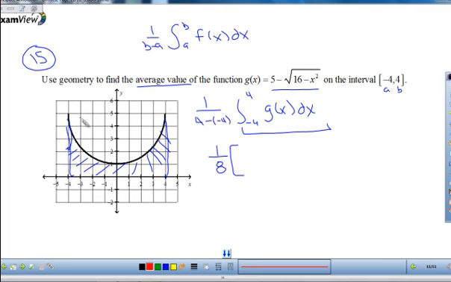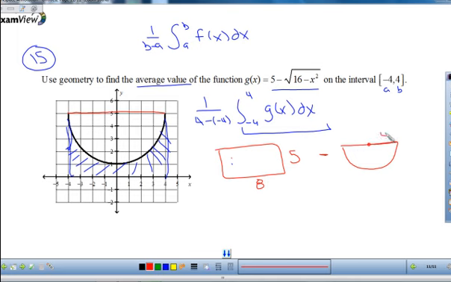And in order to do this, we're going to use figures. So we're going to have a big rectangle. Okay, let's erase this. We're going to have a big rectangle that has a base of 8 and a height of 5, and we're going to subtract the semicircle that has a radius of 4. So the area of the rectangle is 40. The area of the semicircle is pi times radius squared divided by 2.